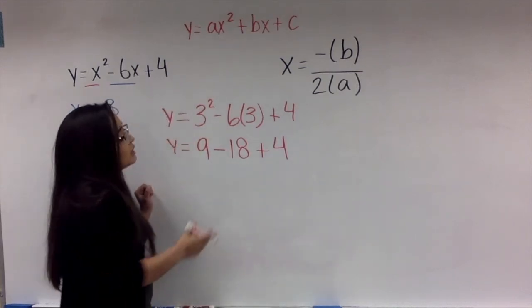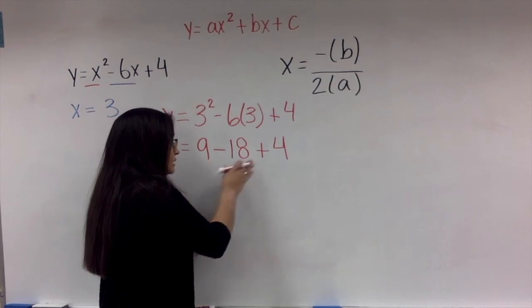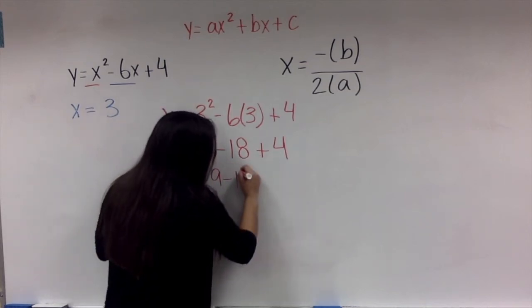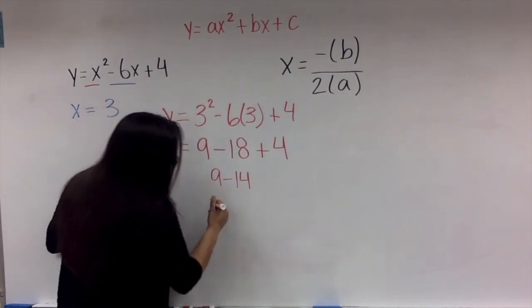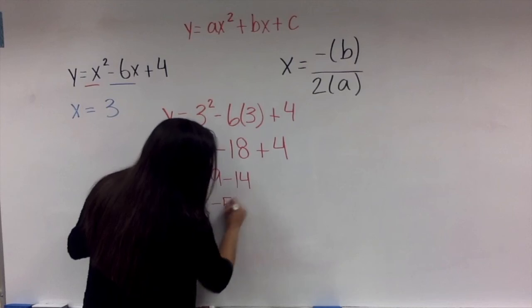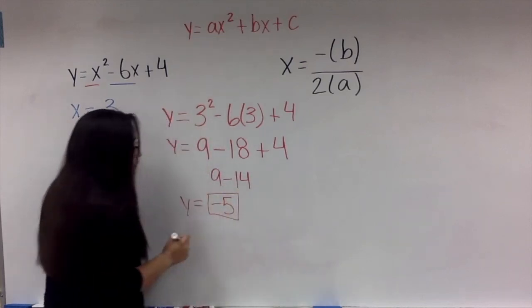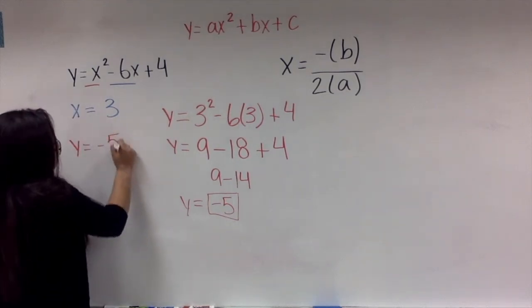Let's add these two. We're adding a negative 18 and a positive 4, which means we're left with a negative 14. And 9 minus 14 is equal to negative 5. And that is our value for y. So y is equal to negative 5.